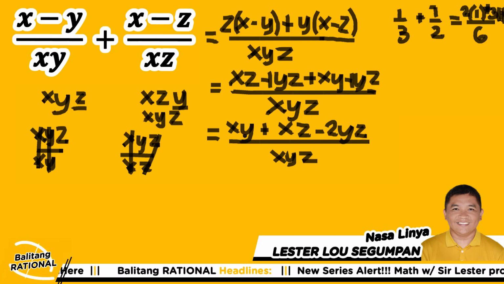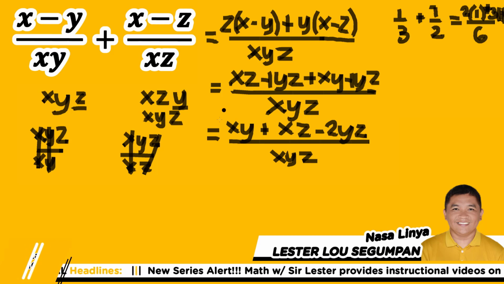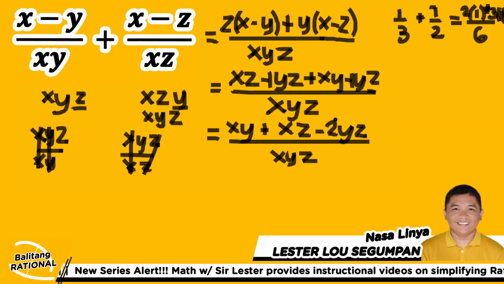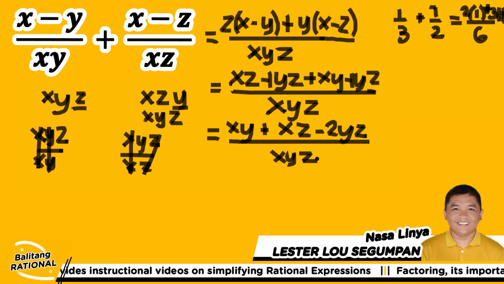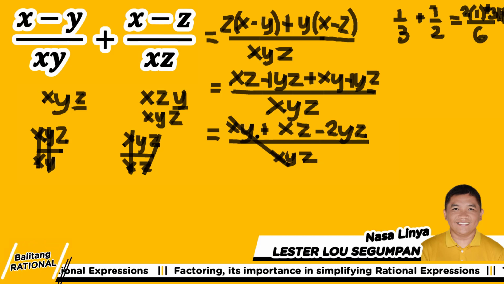Now, looking at our terms sa numerator natin, xy, xz, yz, wala pong common factor sa tatlong terms natin sa numerator. So, walang mapa-factor out and ibig sabihin din po nun, wala pong maka-cancel sa baba. We cannot do this, we cannot do that.